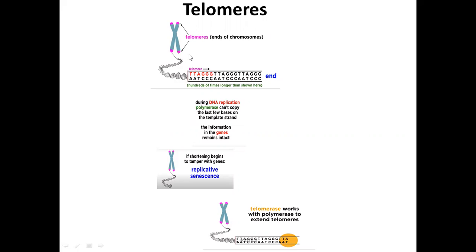As one ages, the telomere length shortens as well. Eventually the telomere becomes so short that the cell can no longer divide.